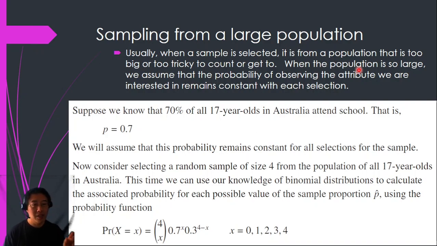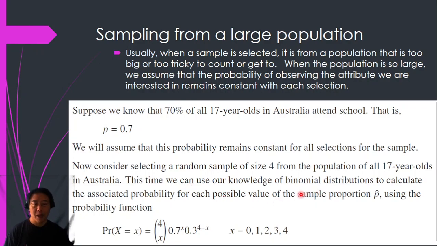What it means is we're going back to a binomial distribution. So what is constant? That p-value of 0.7 is for the whole population. In that example, 70% of all 17 year olds in Australia attend school, and that attribute is constant. Okay, that's coming back to the binomial distribution.